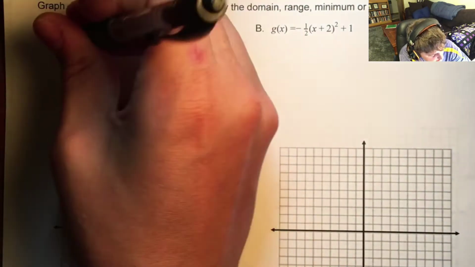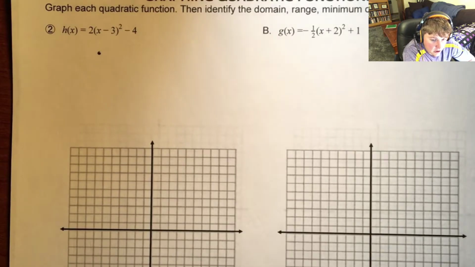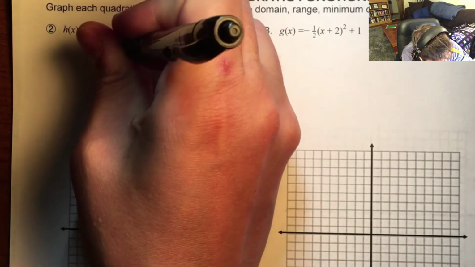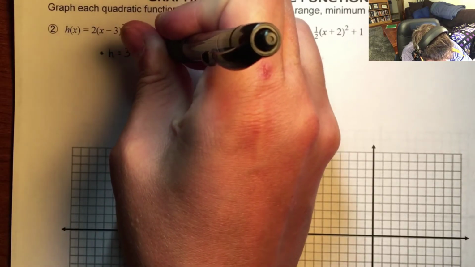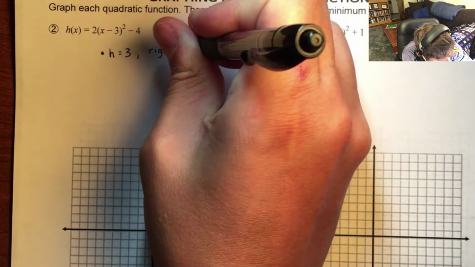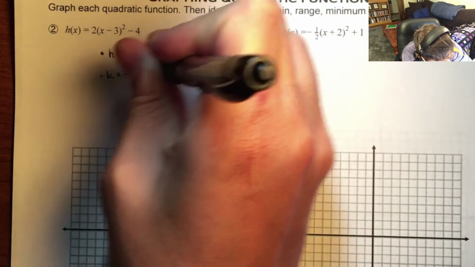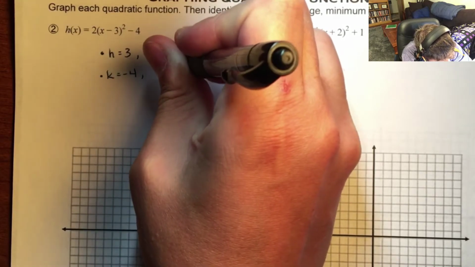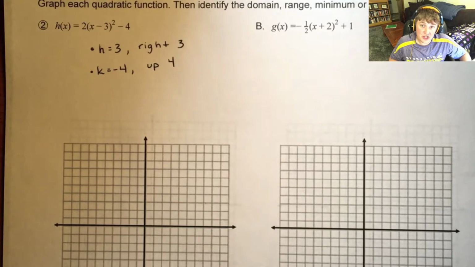Okay, so let's describe how this graph has been moved. Here, I know my h value is equal to 3, meaning it's been moved to the right 3. And then the k value here is negative 4, meaning it's moved down 4. So here's the great part: if you know what your h and your k value are, and what they do, it tells you where the vertex is at.